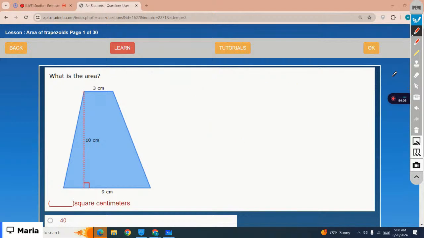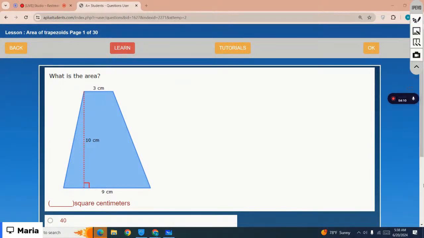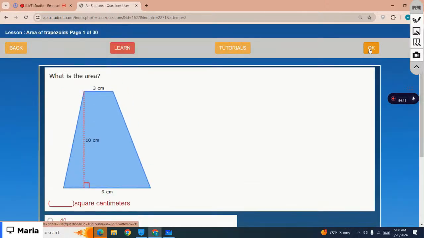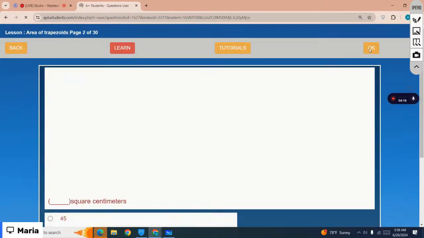The correct option is 60. What is the area?